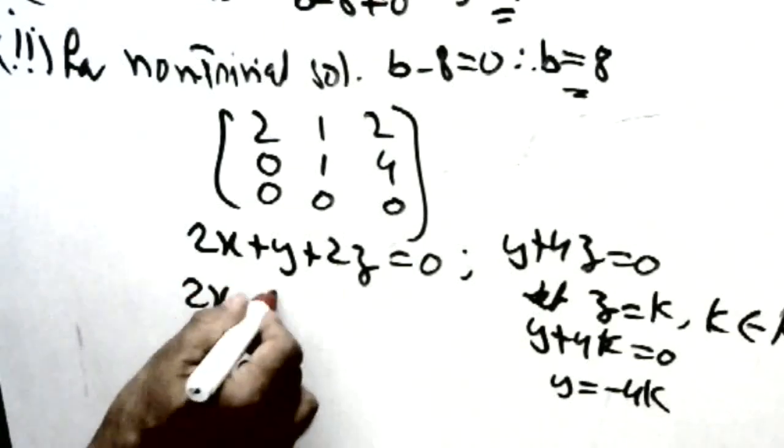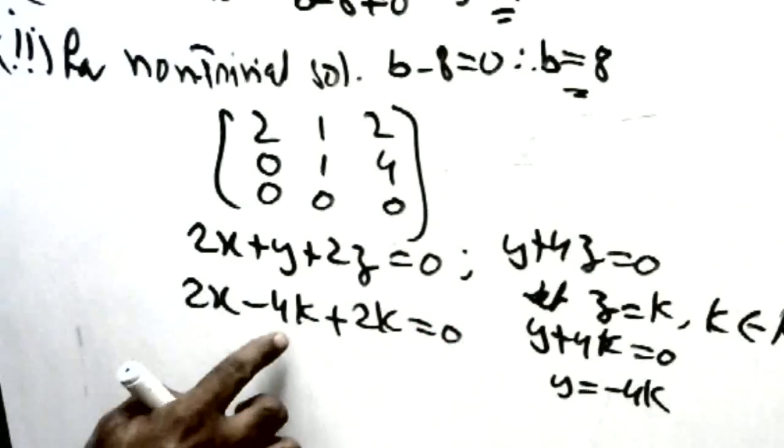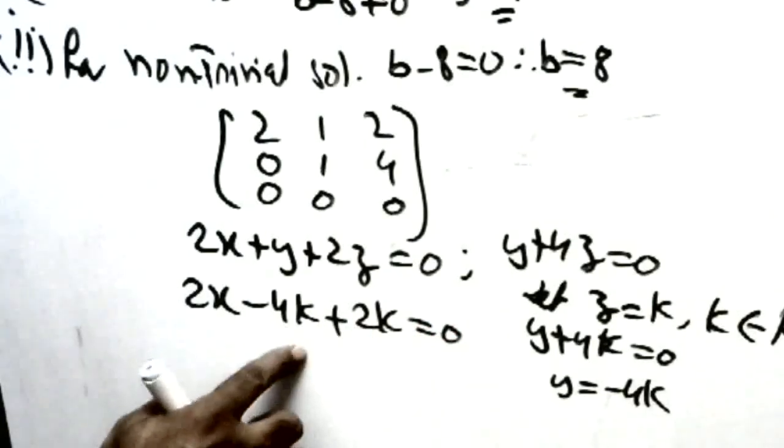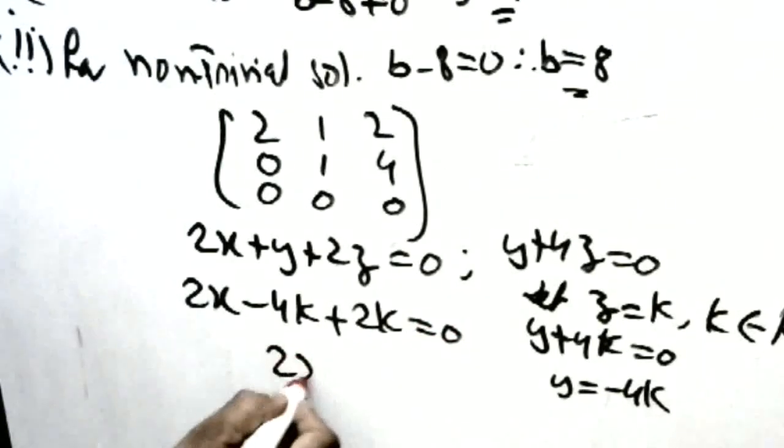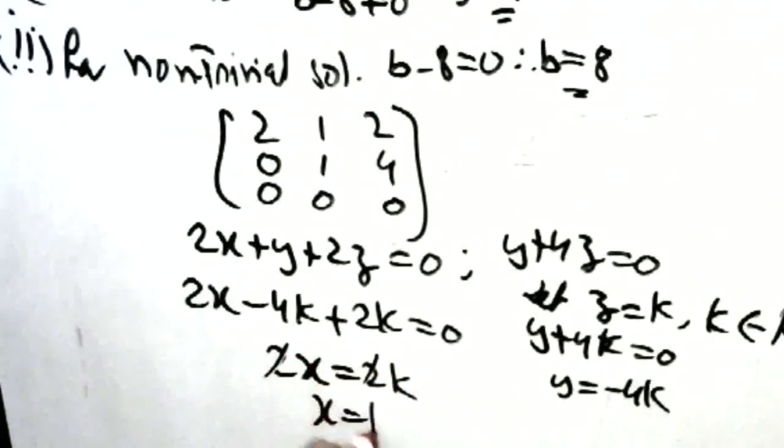Now substitute here: 2x plus minus 4k plus 2z, which is 2k, equals 0. Minus 4 plus 2 will be minus 2k. Minus 2k on the other side becomes plus 2k. 2x equals 2k, 2 cancels. x equals k. Therefore x equals k, y equals minus 4k, and z equals k are the solutions for non-trivial solutions, or we can say infinite solutions.